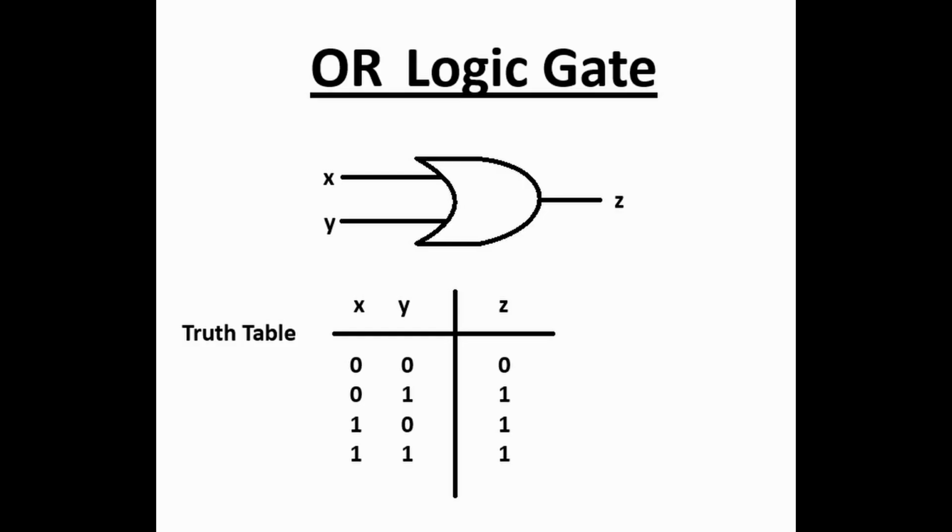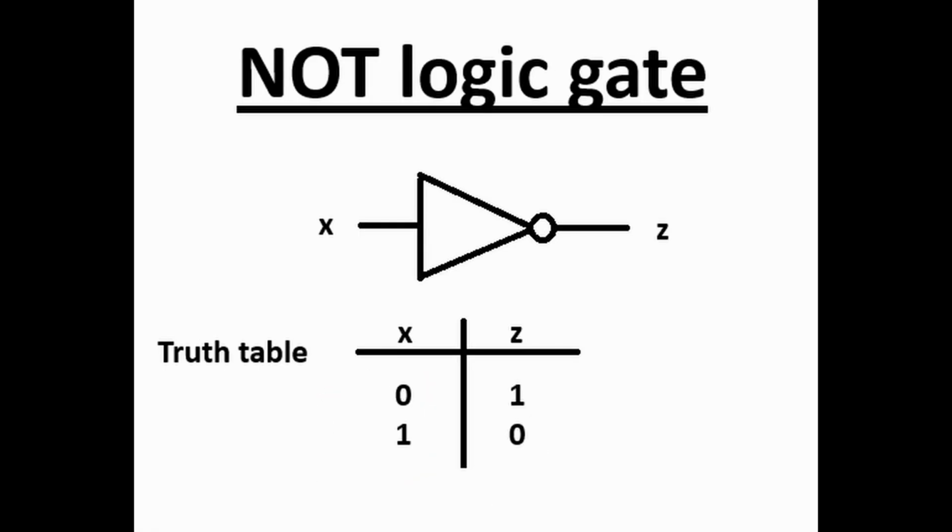There are other common logic gates, each defined with a unique truth table. The OR gate has an output of 0 only when both inputs are 0. If at least one input is 1, the output becomes 1. The NOT gate has only one input and one output. It simply inverts the input value. If it is 0, the output is 1.